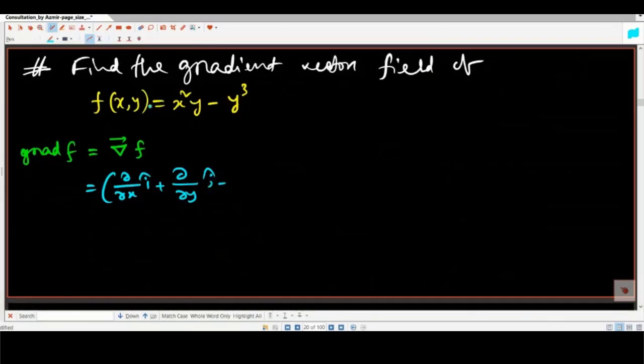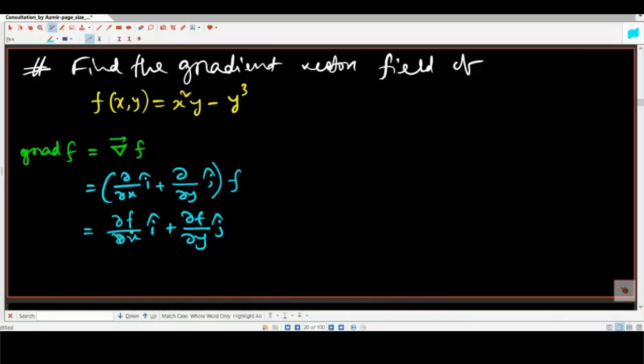Since it is a function of two variables, this is the vector for del, and now it is f. So if we multiply ∂/∂x with f, we get ∂f/∂x i plus ∂f/∂y j.